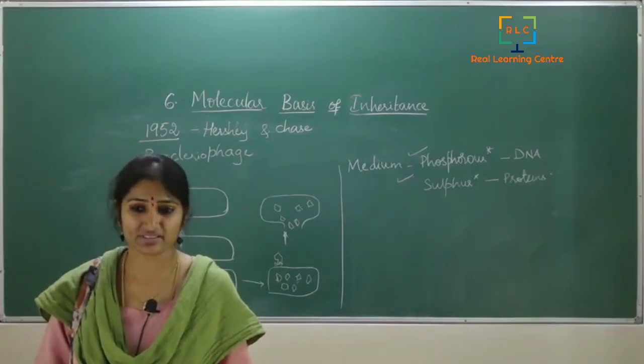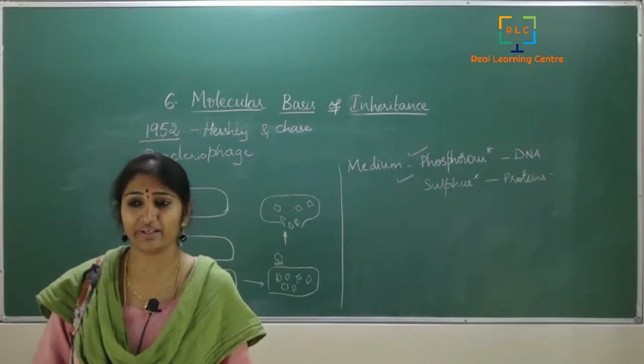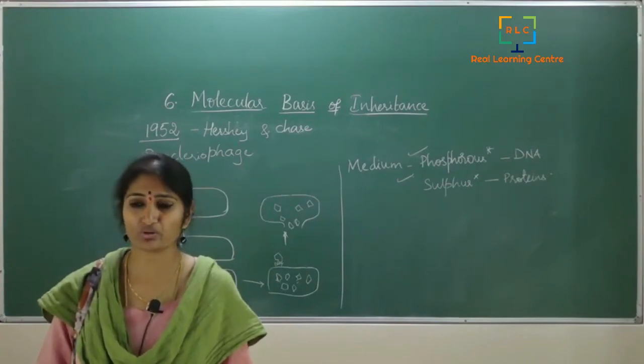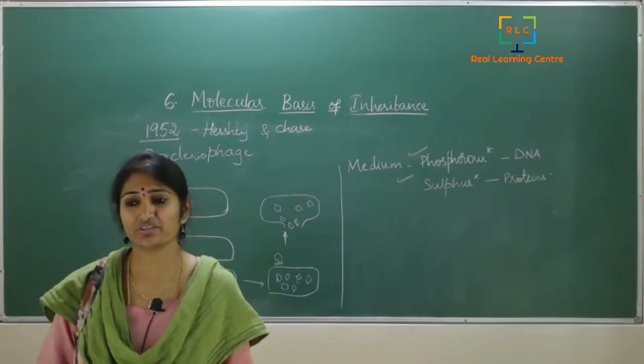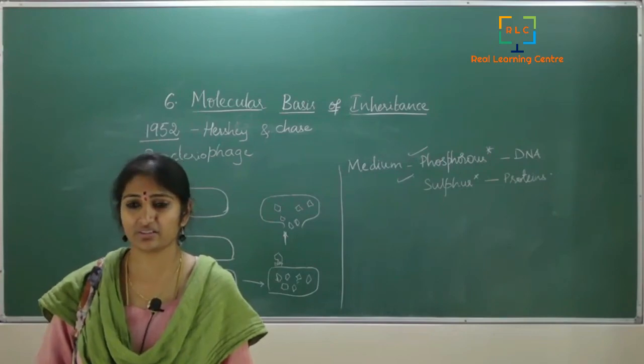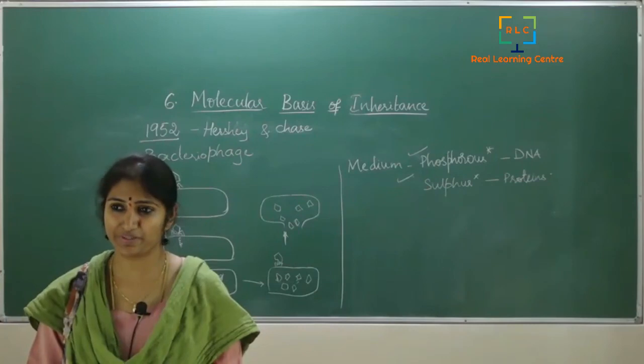So, in our next class, we will try to find out what these differences are and why DNA is the genetic material, and discuss more about the differences between DNA and RNA. And if time permits, we will also go through a brief description of how DNA replicates.